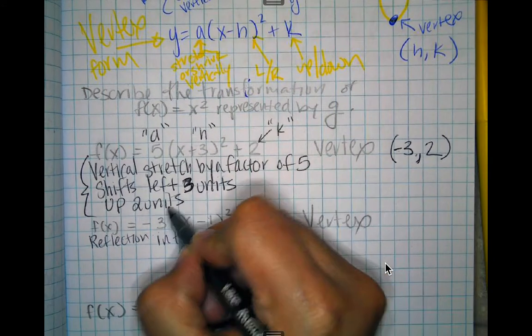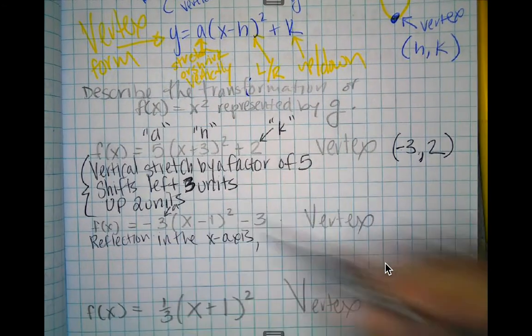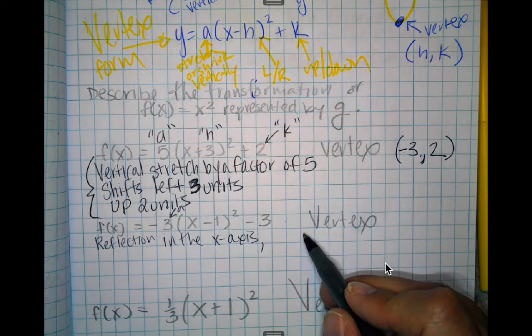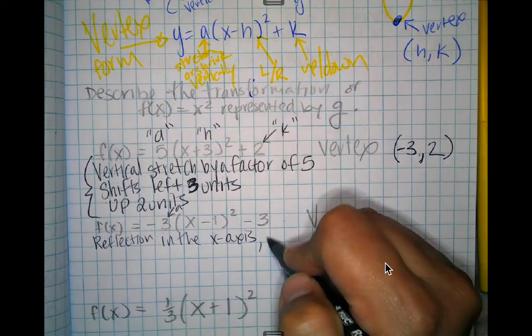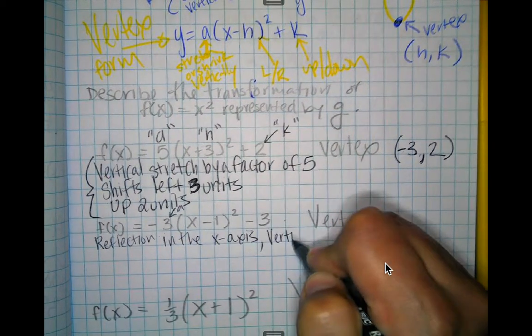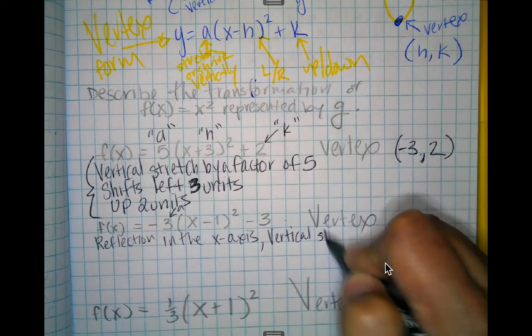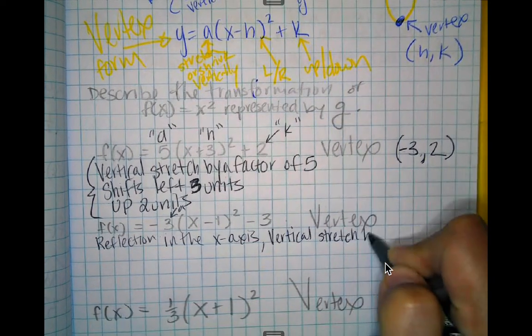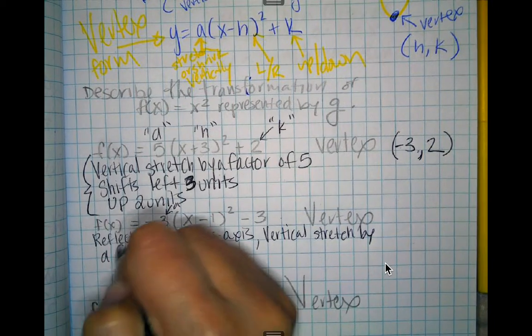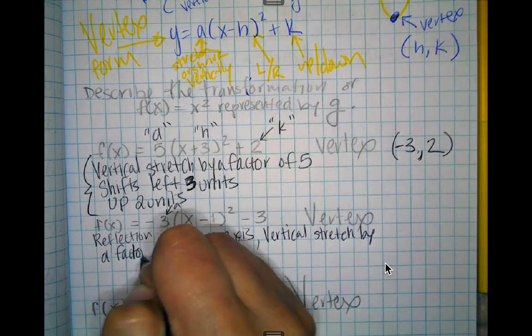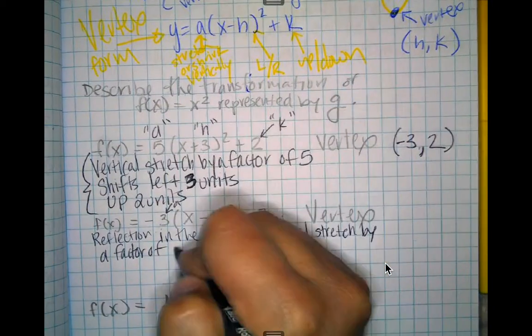Then this 3, okay, remember it's a. So a is greater than 1, so it's a vertical stretch by a factor of 3.